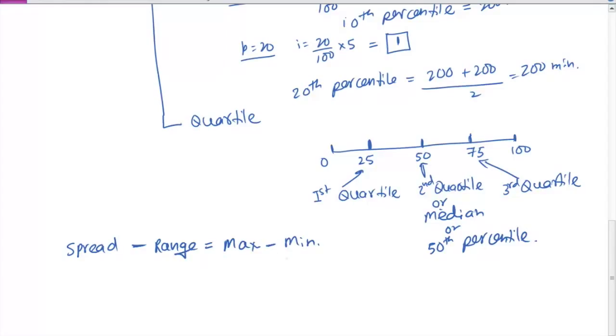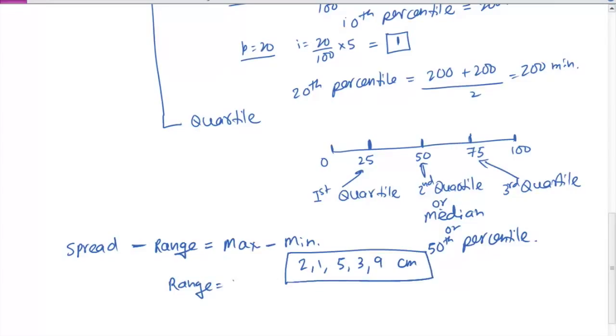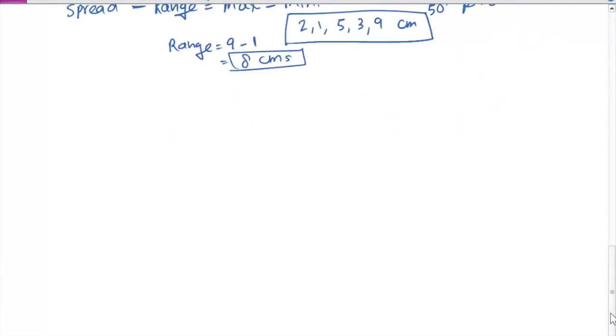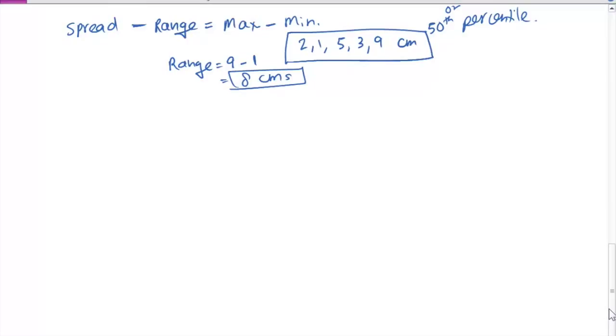For example, suppose you have 2, 1, 5, 3, 9, and suppose this data is in centimeters. The maximum is 9, the minimum is 1, so the range is 8 centimeters. Although this is easy to use and easy to understand, it is only based on two data points, the two extremes, lowest and highest.